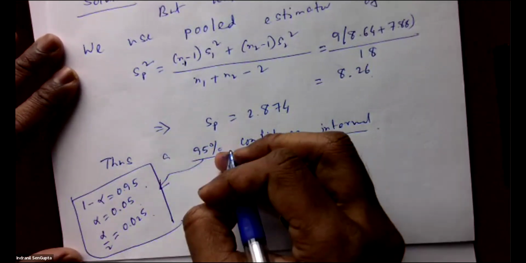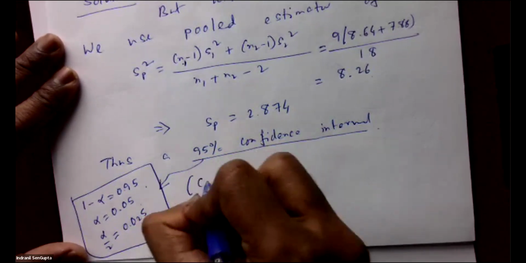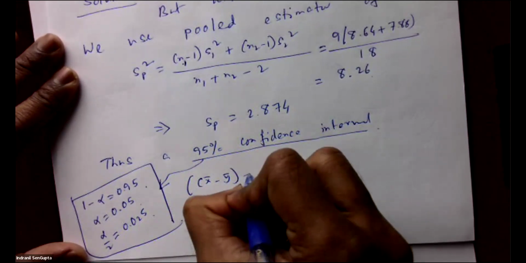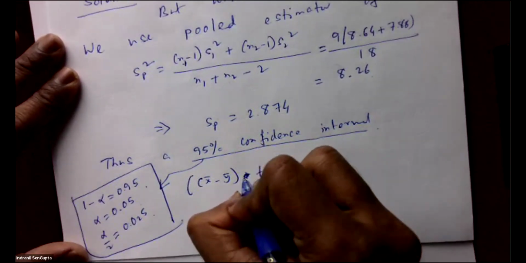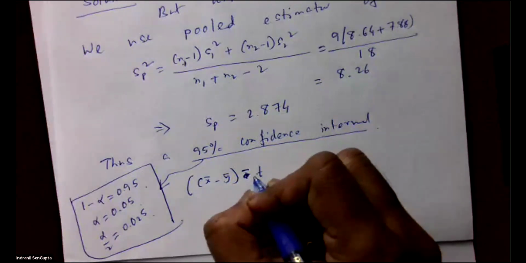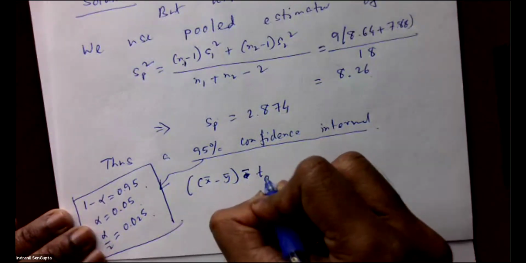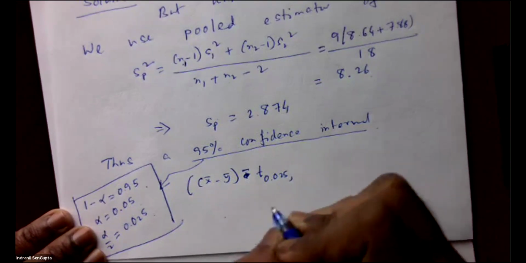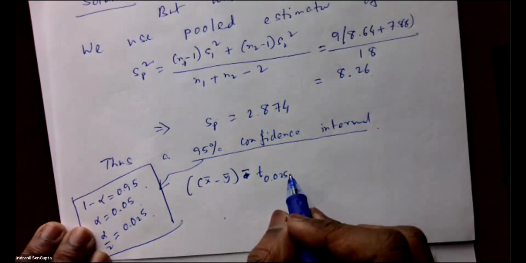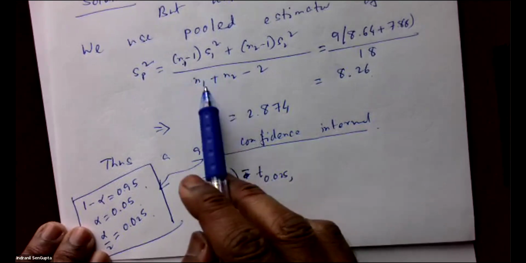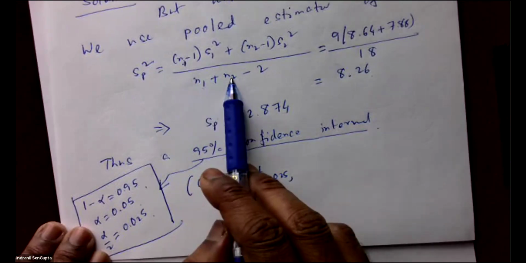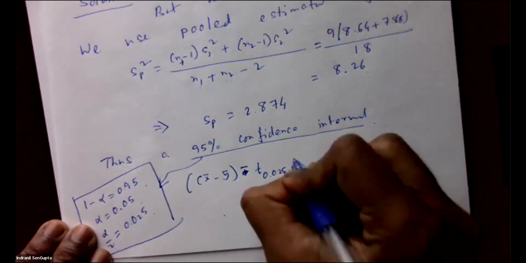The interval is given by x bar minus y bar minus t of alpha over 2, which I found to be 0.025, and then n minus 2. And n is n1 plus n2, 10 plus 10, 20 minus 2, which is 18.